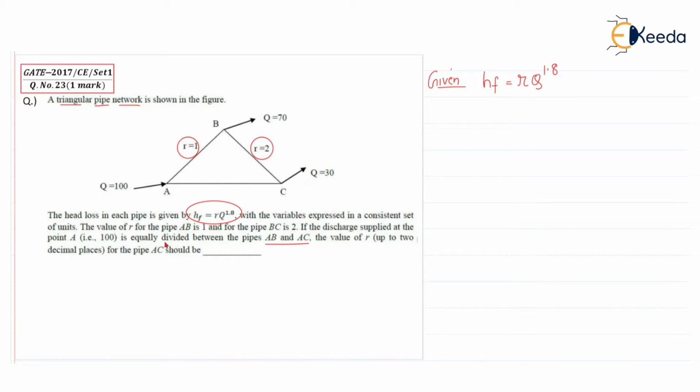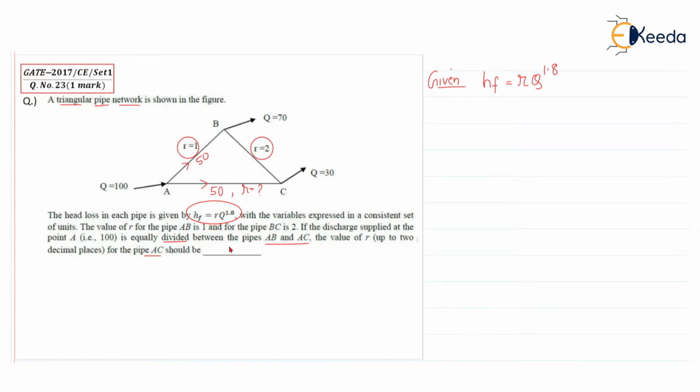So we'll divide the flow equally between pipe AB and AC. So Q is 100, so 50 will go through the pipe AB and 50 will go through the pipe AC, correct? The value of R up to 2 decimal places for the pipe AC is what we have to find.